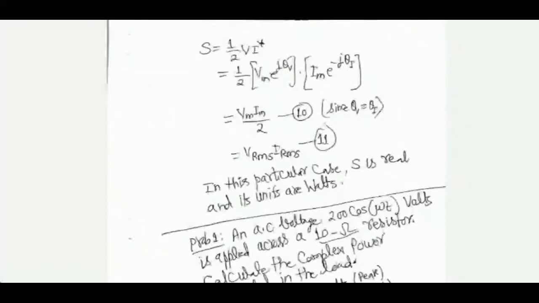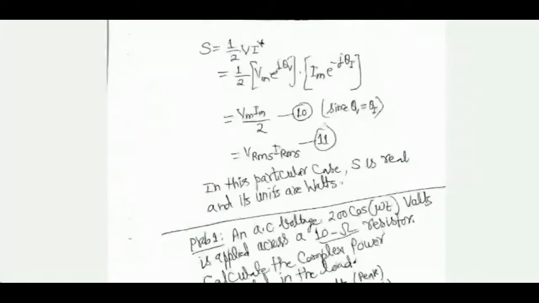Multiply the two and remembering that theta V and theta I are equal to each other, I get Vm Im by 2, which is Vrms Irms, which is exactly the power value that we got using time domain technique.